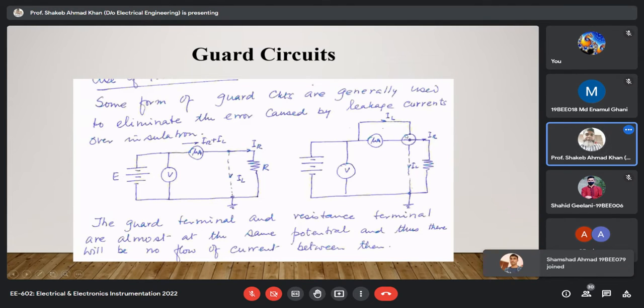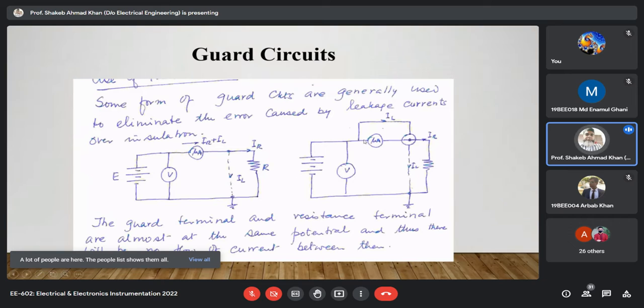Here we are guarding the terminal of the circuit, your insulation. You can see that the path through which your leakage current flows is guarded with a conductor, and this guard conductor is grounded at one side, and at the other side it is connected before the ammeter.